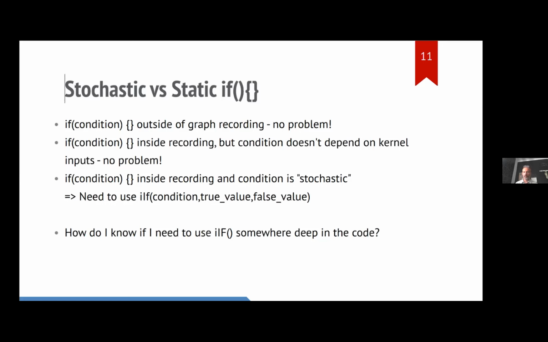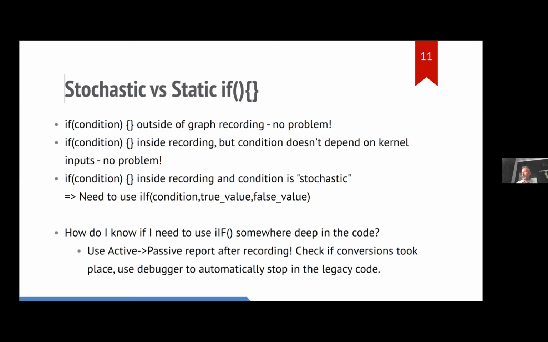How do you locate those, and how do you convert those without going through all the lines one by one and without making errors? So we offer a tool for this. During the recording, when you traverse and create this evaluation graph, we can detect if some condition is actually stochastic.